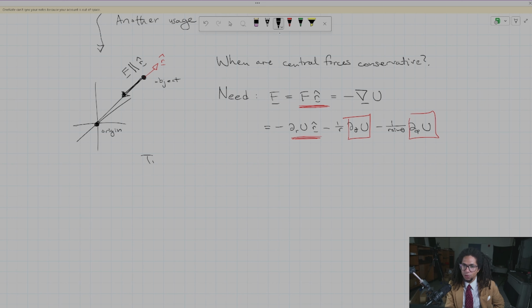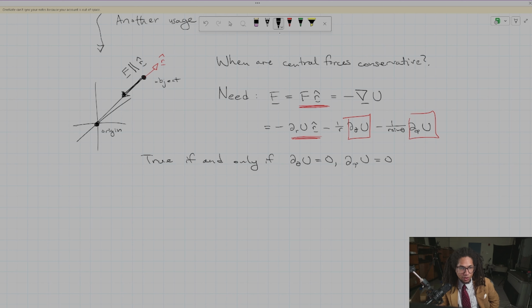So true if and only if the theta derivative of U is equal to 0 and the phi derivative of U is equal to 0. But we have a name for a function such that changing either of these angles doesn't change the function. That function is called spherically symmetric.